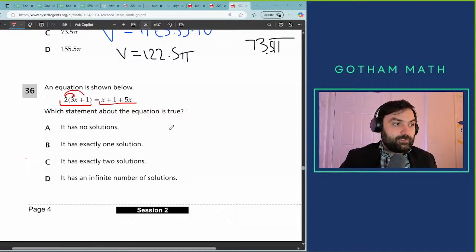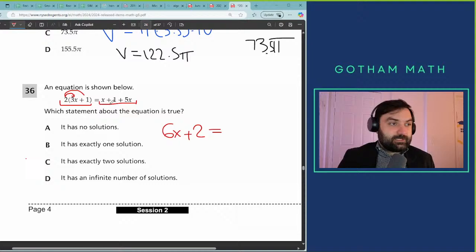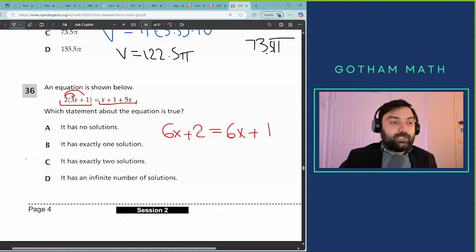So it's going to be 6x plus 2. And we simplify the right side, x plus 5x, which is 6x, so 6x plus 1. All right, so we have 6x on one side, 6x on the other side, but we have 2 and we have 1.